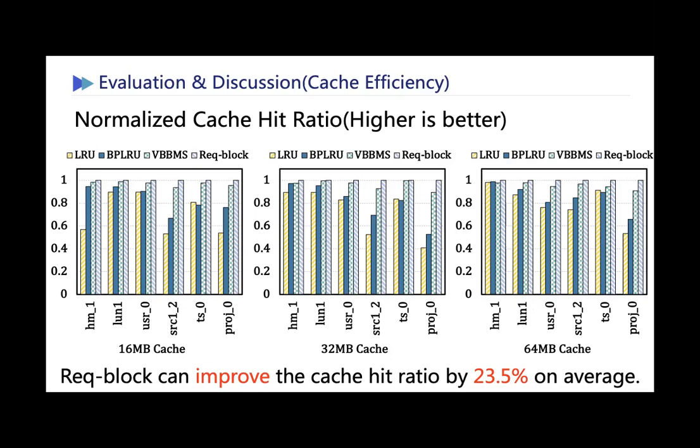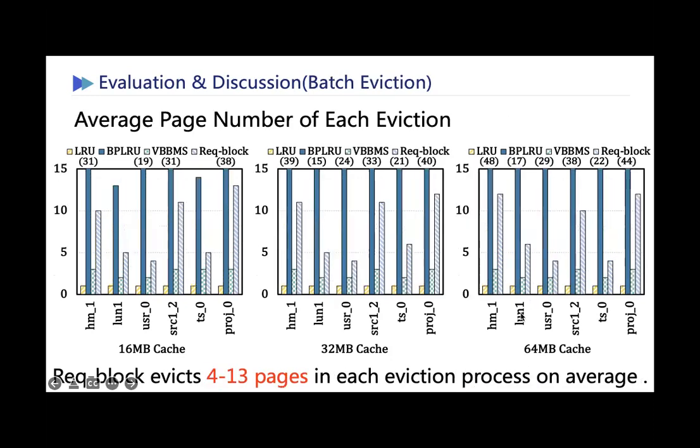IEQ block can improve the cache hit ratio by 23.5% on average. That is the first reason for the better I/O performance of IEQ block. The next reason is the batch eviction.